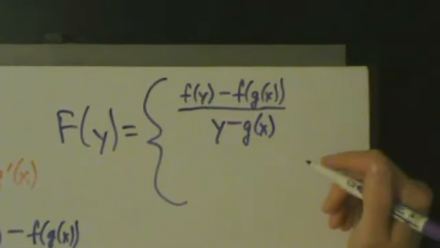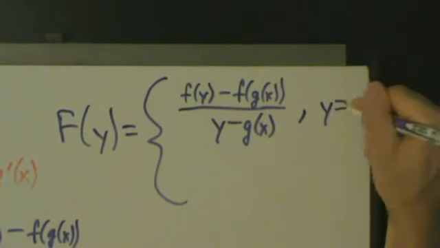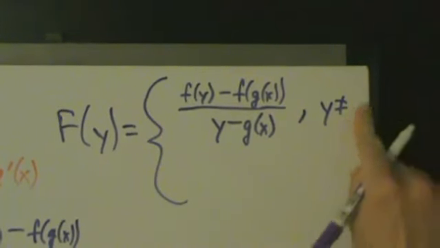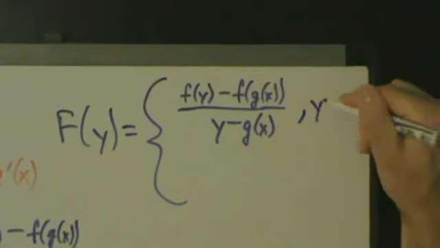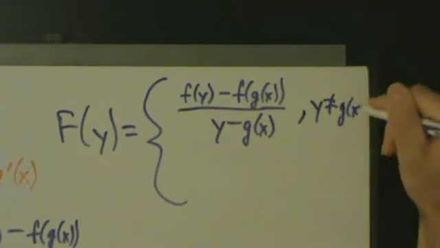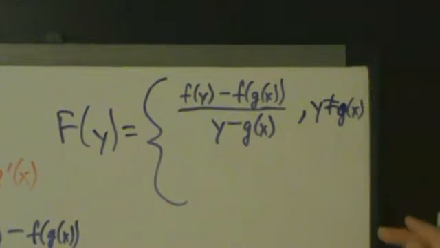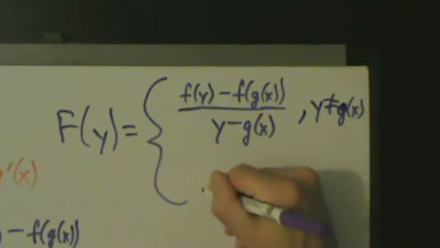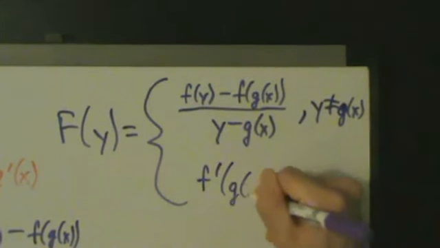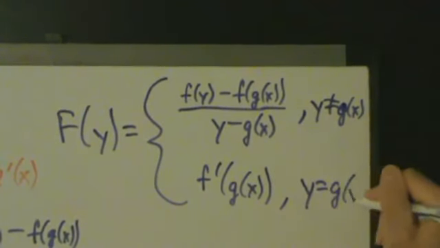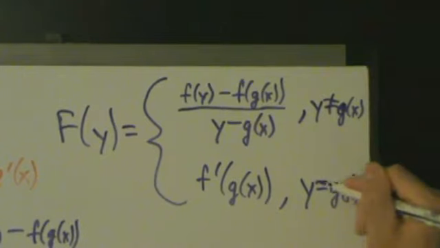And it's defined to be this if y does not equal g of x. Okay, so that's the first piece of the function. And the second piece of the function is just going to be f prime of g of x if y does equal g of x.